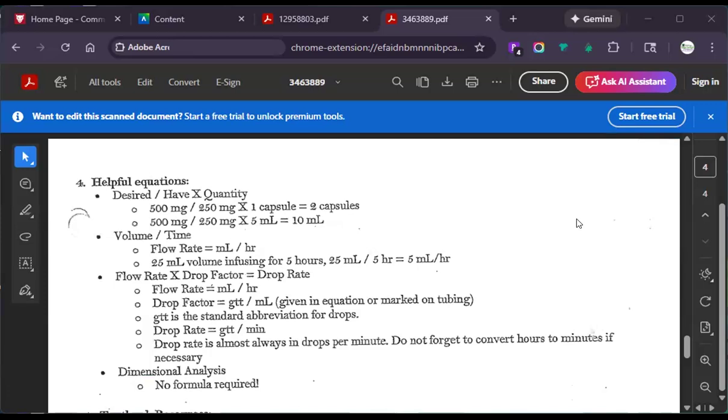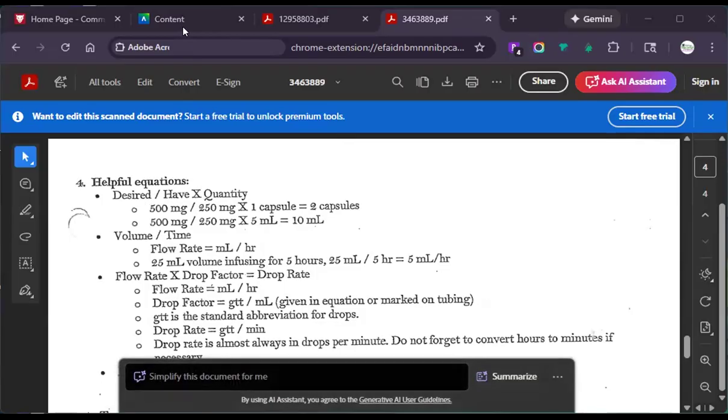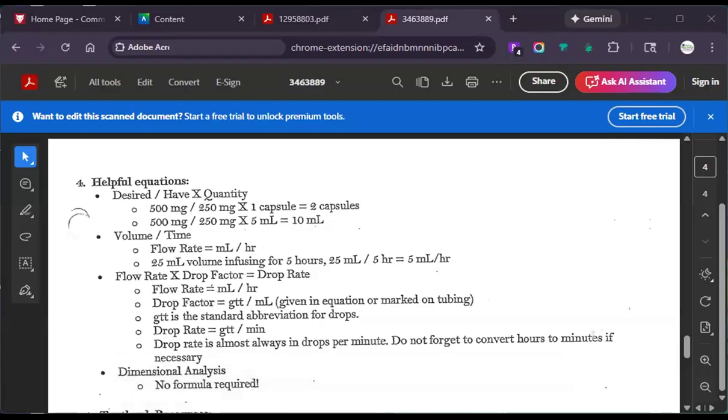All right. There are some helpful equations. Most students like to use these, called either ordered over available or desired over have. I like to use the term ordered over available, but you will see people use desired over have.